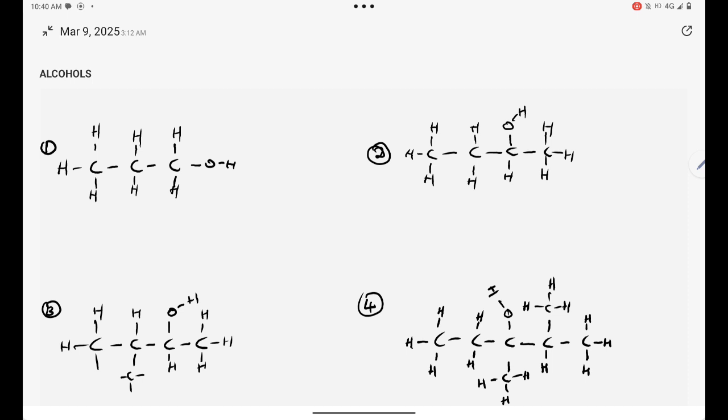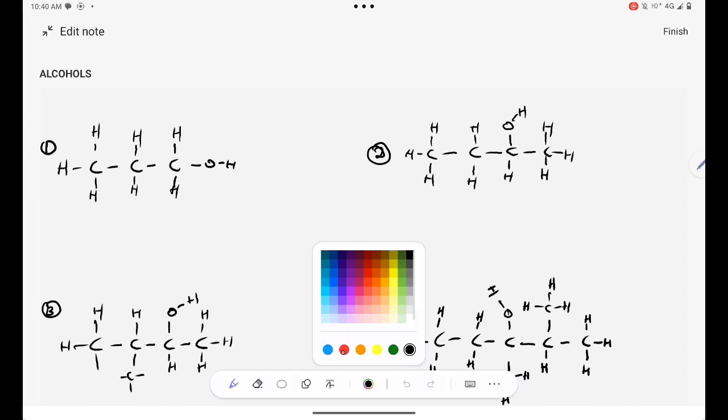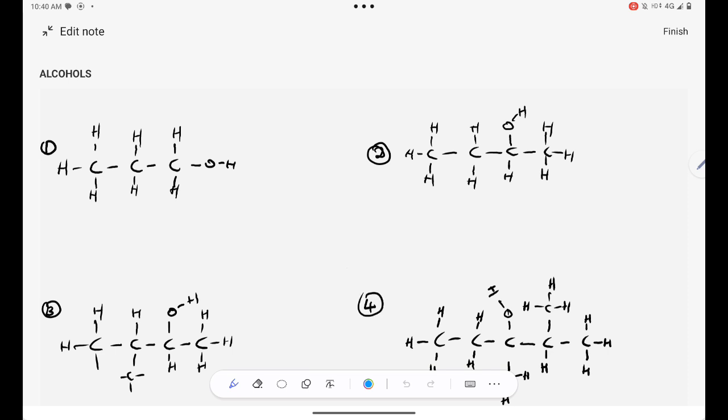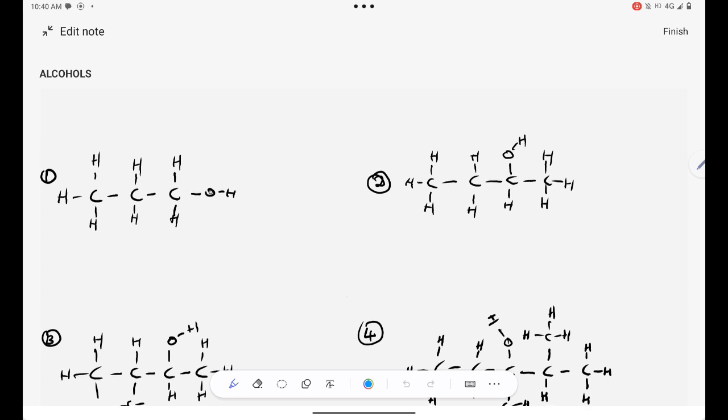Okay, for the first one, it's very important, guys, to number your carbons whenever you're dealing with alcohols, and you must always number your carbons from the terminal which is closer to your functional group. Our functional group for alcohols is the OH ion over there. Are you together? So this is my parent chain, and this will be carbon number 1, carbon number 2, and carbon number 3.